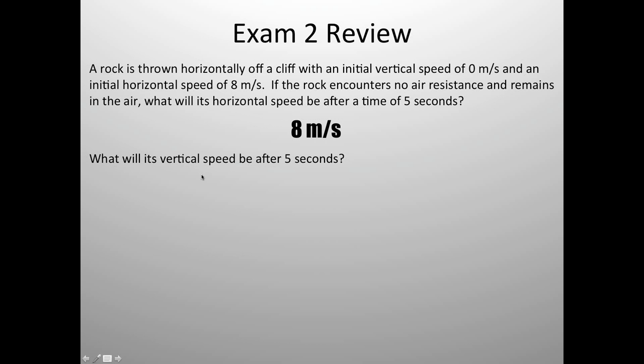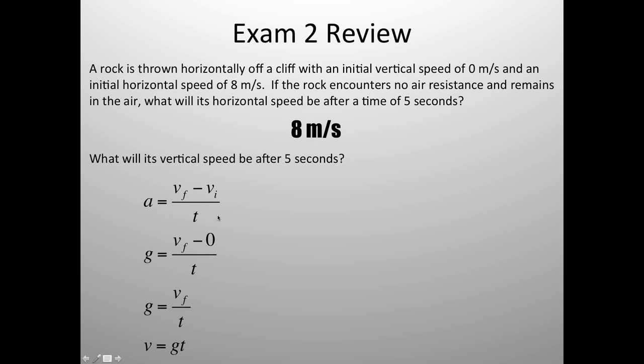Where it does become a calculation is if we ask you what its vertical speed will be. Its vertical speed is changing because gravity is pulling it down. So every single second, it's getting faster and faster because of the acceleration of gravity. So this equation really stems from our acceleration equation from the first test and the very first day of class.